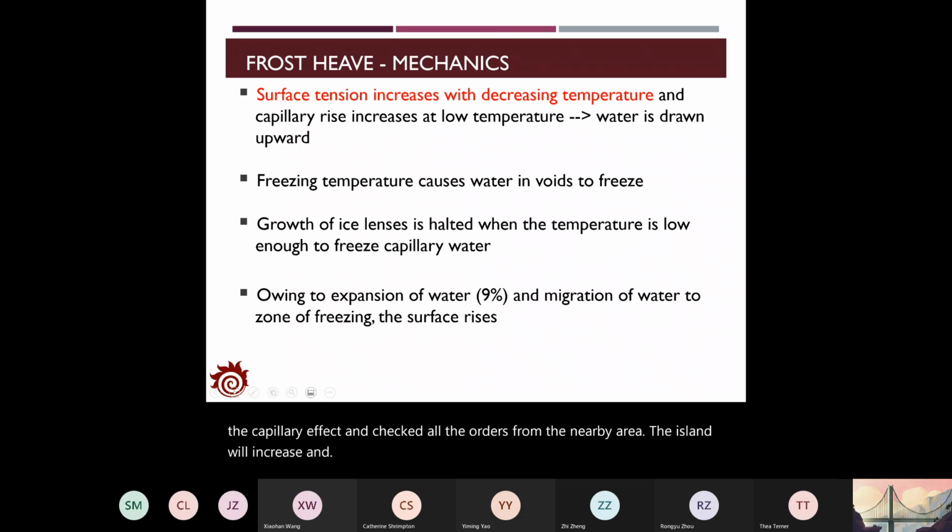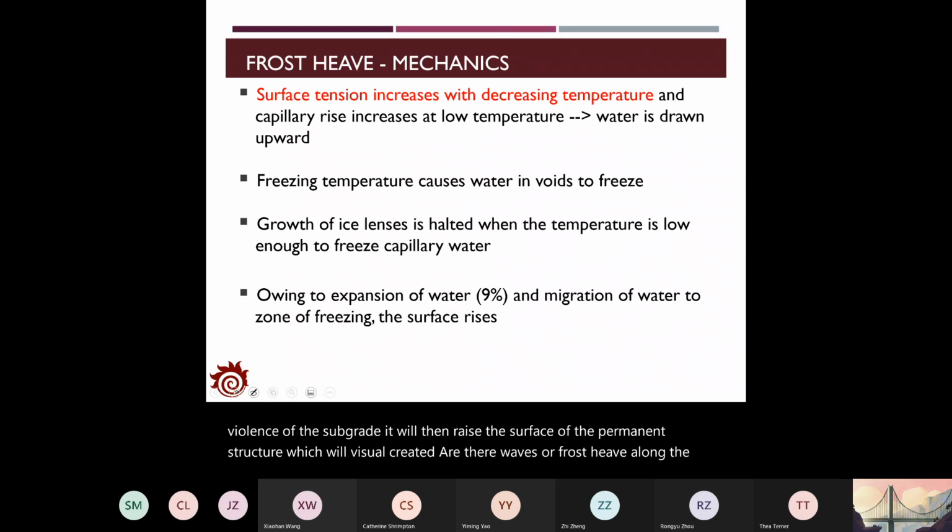once the temperature reaches a very low value, then the growth of the ice lens will be halted, and then no water will enter the ice lens, and that will create changes of volume in the subgrade layer, or we have expansive soil in that area, and by increasing the volume of the subgrade, it will then raise the surface of the pavement structure, which will create the waves or frost heave along the pavement.